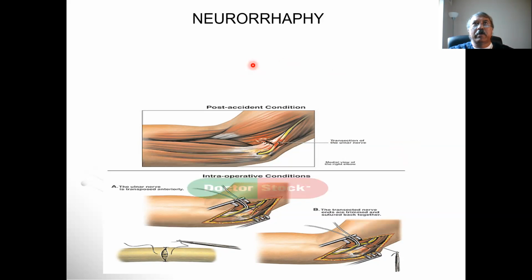So neurography is another type of surgery that neurosurgeons do. Mostly this surgery is done by hand fellows or hand surgeons. This is their territory.